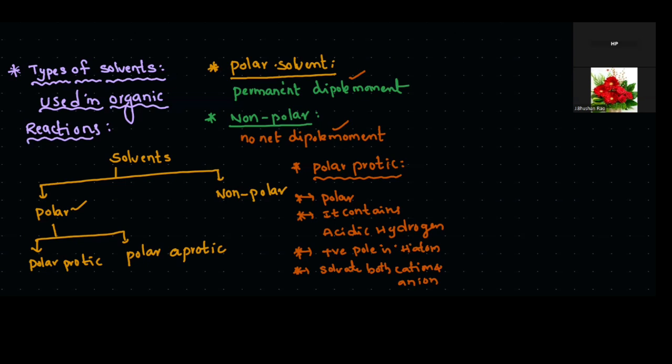Now we will discuss examples of polar protic solvents. H2O, ammonia NH3, methyl alcohol CH3OH, formic acid HCOOH, ethylene glycol.